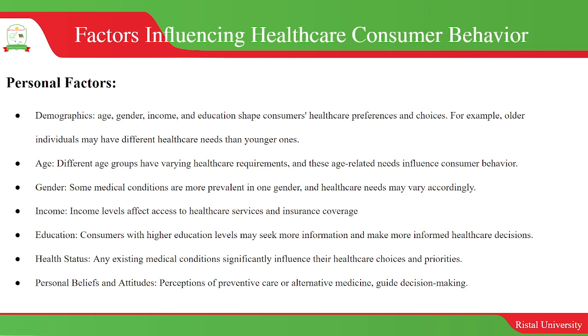So let's start with the demographics, which is basically having all the aspects that I've just listed. Age. Young adults will seek healthcare services that are different from the elderly, okay? Because they are most likely having differing health needs, okay?